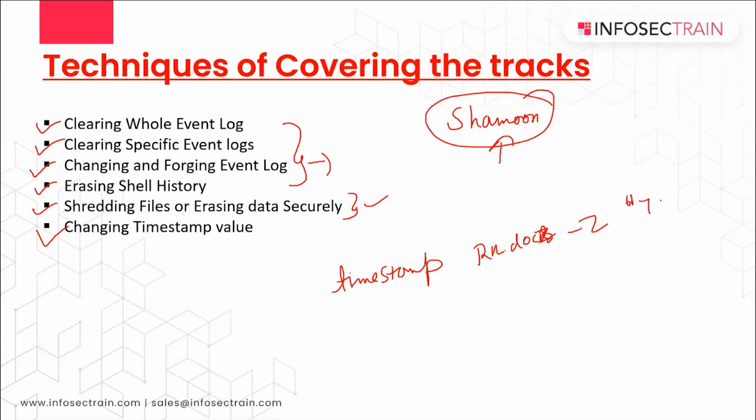Like I was saying, this file was last accessed on 7/21, whatever format you are using, 2023, right? And then the time as well: there should be a space, and after the space your time, like 18 hours, 18 minutes, 18 seconds, and then this. So it will change the timestamp of any file that you want.